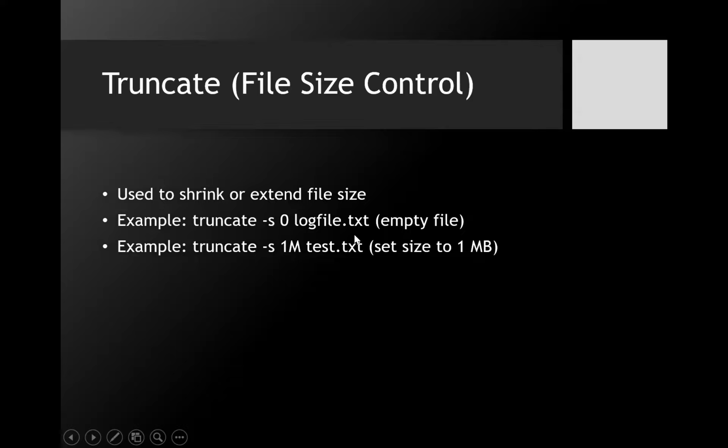It sets 0 KB. Next, if we want to set some other size, then use truncate -s, specify the size, how much size you want to maintain for the file, for example 1 MB, and mention the file name. It sets the file size to 1 MB.